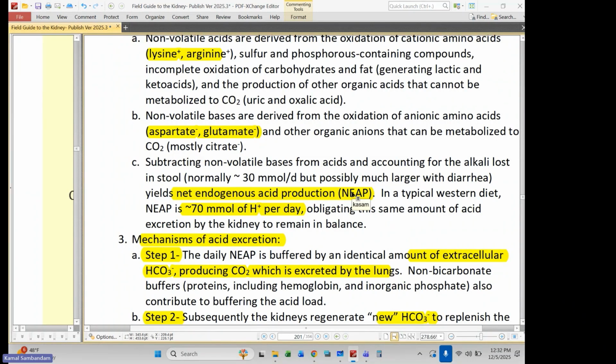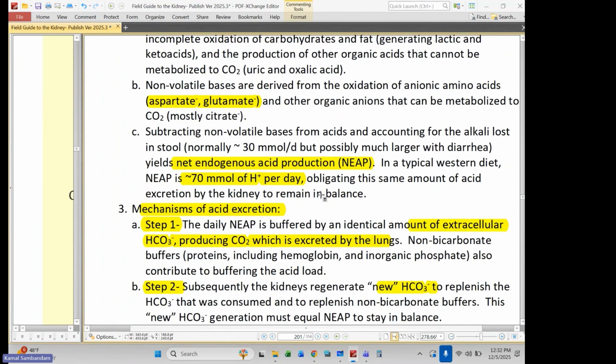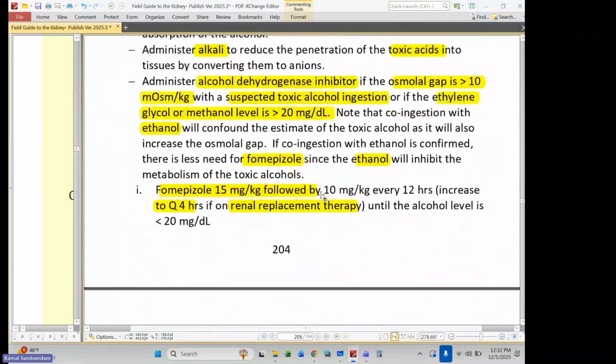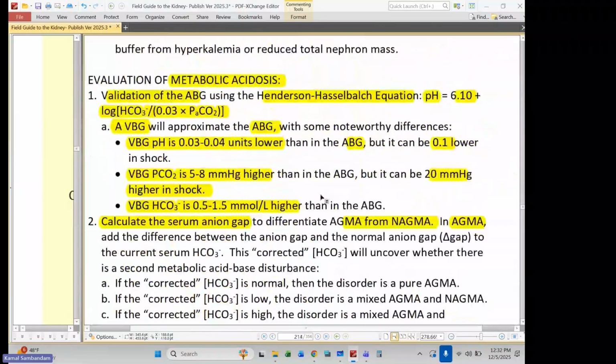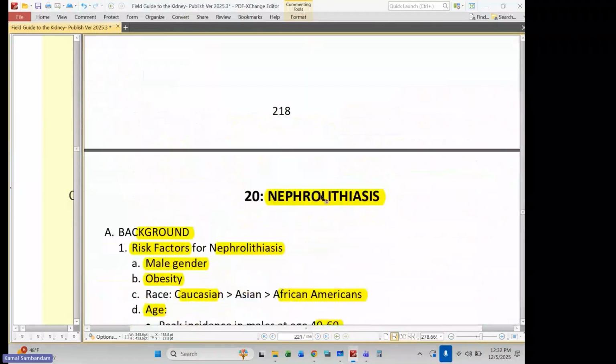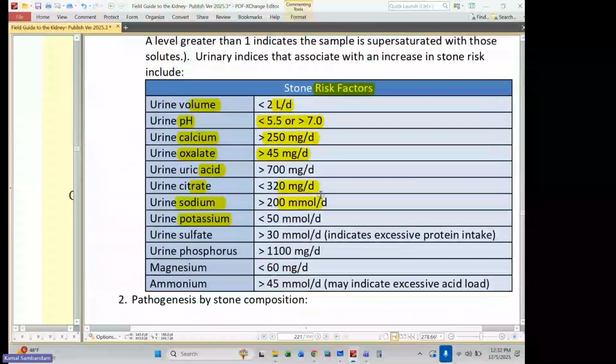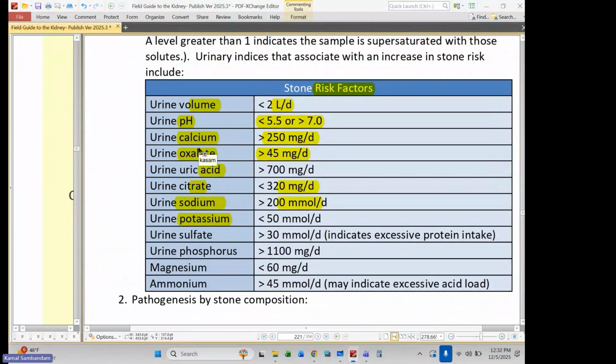So when you have a high urinary potassium, you have a lower net endogenous acid production. There's correlation between the two, and so people use urinary potassium to estimate net endogenous acid production. Again, potassium citrate is alkali load from the diet.